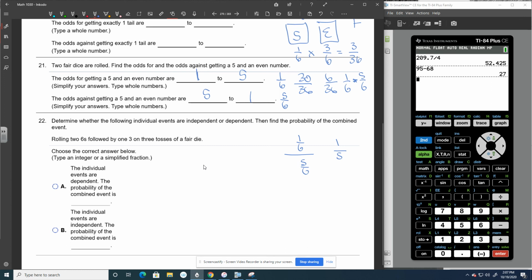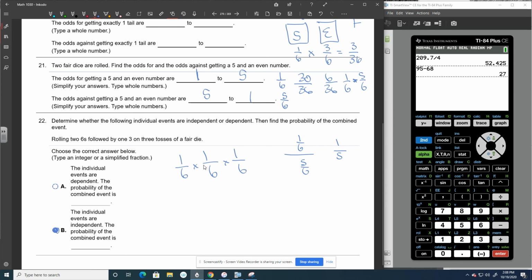The probability of the combined event, so we're going to choose this one, B. The way that I find the probability when I'm dealing with independent events, the chance of rolling 2 6s followed by 1 3: I've got to roll a 6 and then another 6 and then a 3. Well, I have 1 out of 6 chances of getting a 6, 1 out of 6 chances of getting a 6, and 1 out of 6 chances of getting a 3.